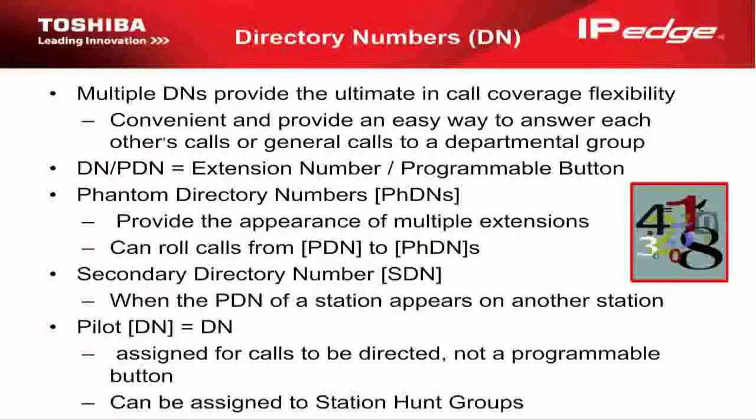To ensure calls do not get lost, a timeout and overflow service is provided to redirect the call if necessary. Calls being held on the pilot DN can specify any of the music sources that are possible on the IPedge system. Pilot DNs are also assigned to station hunt groups.